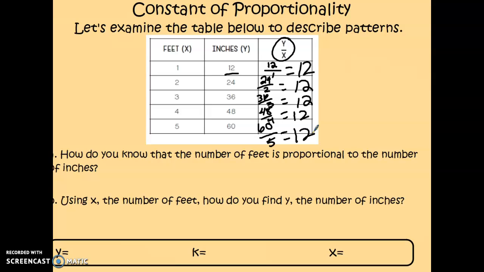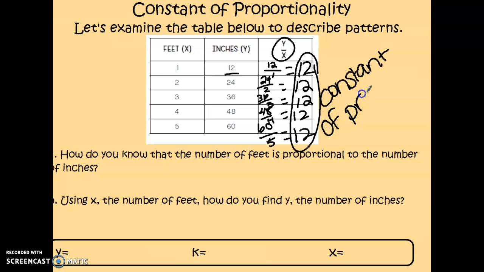So we know that these values for x are all of our x values in the equation, and the ones for y are our y values. This number that we get over here is what we call our constant of proportionality. If it is the same every time you divide y by x, then you have your constant of proportionality.